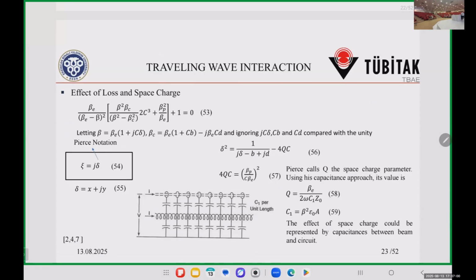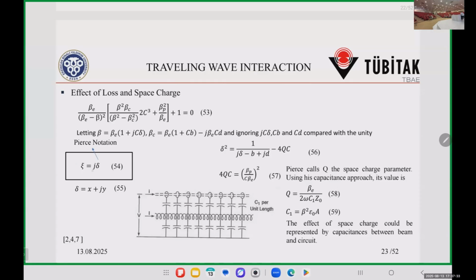Beta c equals beta e times 1 plus c times b minus j beta e c d. And if we ignore jb and jd compared to unity, we can use this notation, 54.